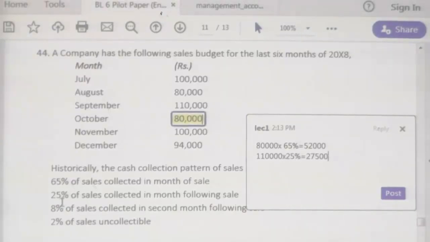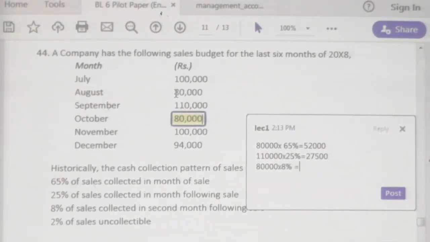Then you know 8% will be collected in the second month. Therefore, in October, 8% can be collected from 2 months ago, that is from August. August sales also 80,000. Out of that, you can collect 8%.